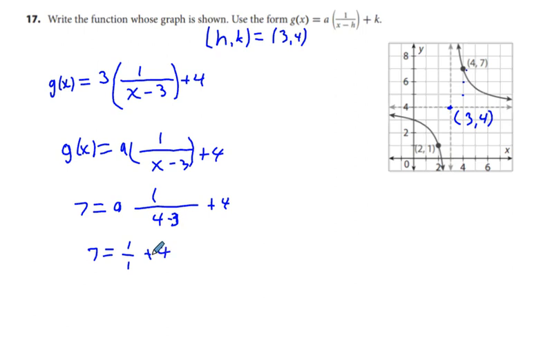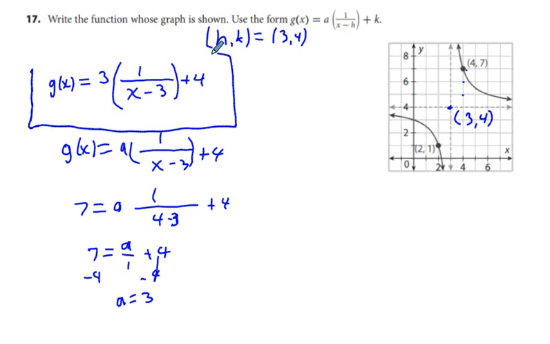And if we subtract 4, that's going to be a over 1. Subtract 4. A is equal to 3, which checks, and we can check our other point down here. And so that would be it for number 17.